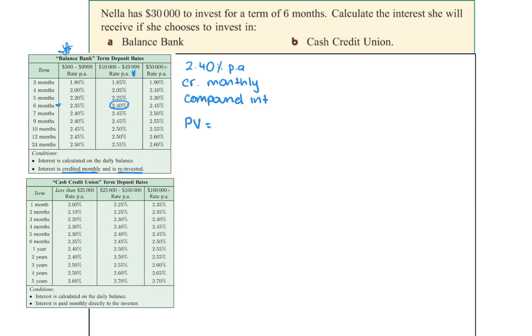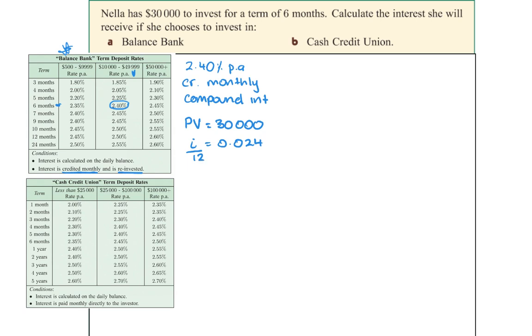So our present value is 30,000. Our future value is what we want to know. Our I, well, 0.024 per annum, compounded monthly.